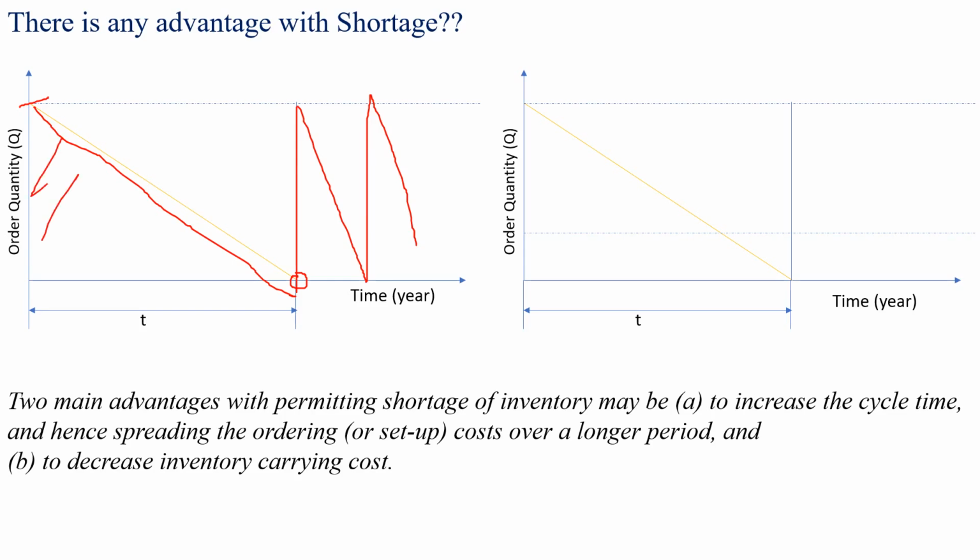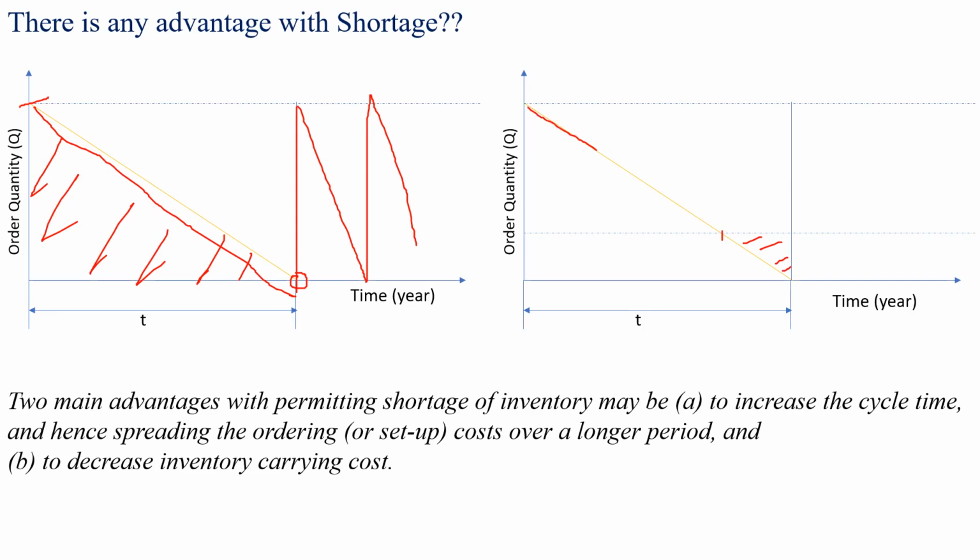Here this area represents the inventory carrying cost. Let's see the inventory with shortage. Here I am allowing the shortage.